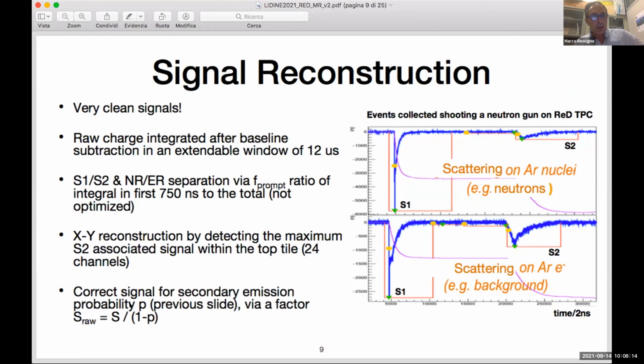Just to notice here that we do correct all signals for the previously defined secondary emission via a factor which is 1 minus p, so you will see only corrected values from now on.